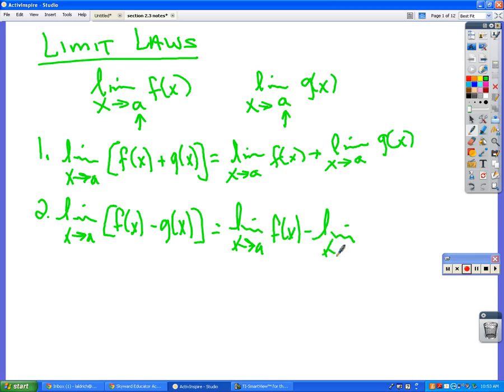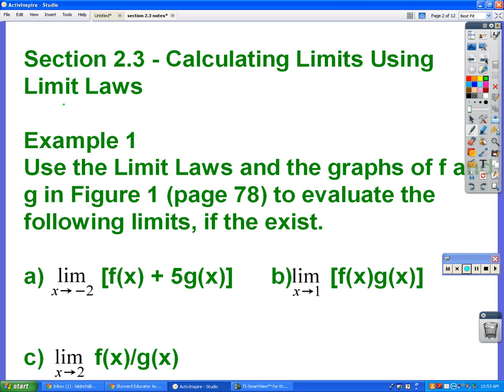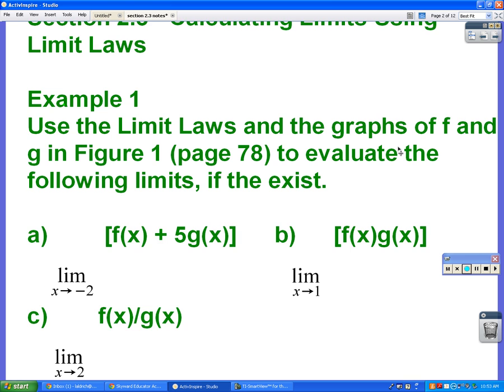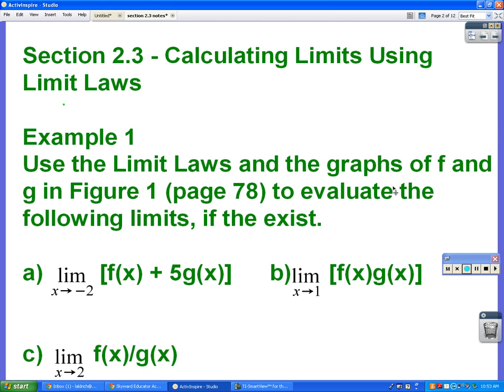When it says the limit thing minus the limit thing, then you just subtract it. Yep, okay, and the same thing holds true with multiplication and division, and if you're multiplying a function by a constant, okay? So that shouldn't be exactly rocket science, okay?